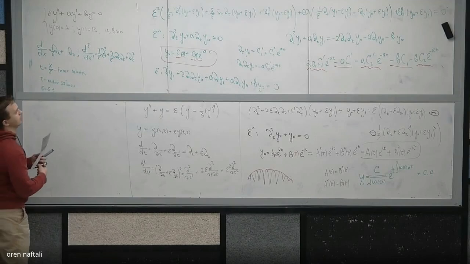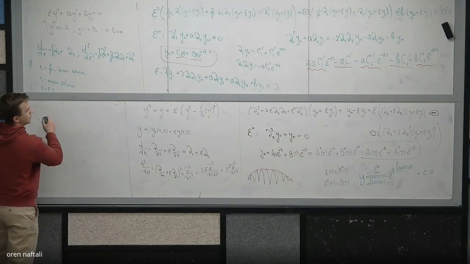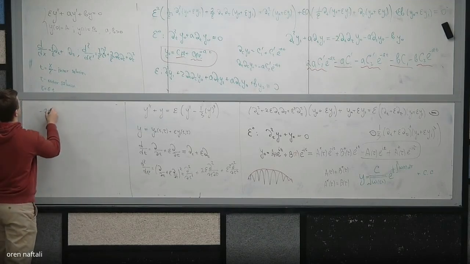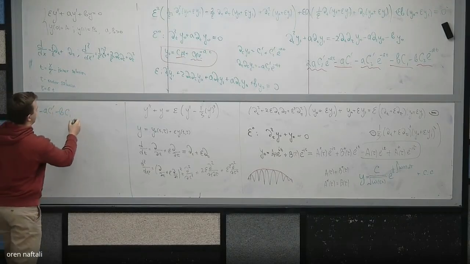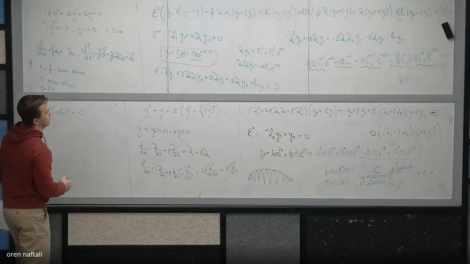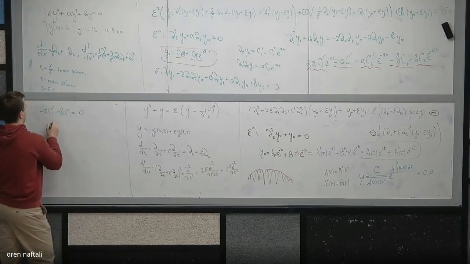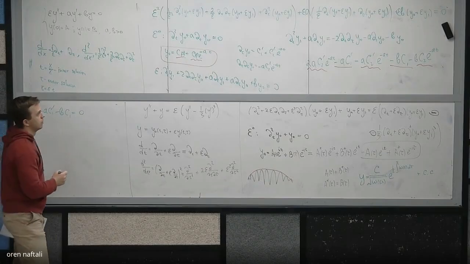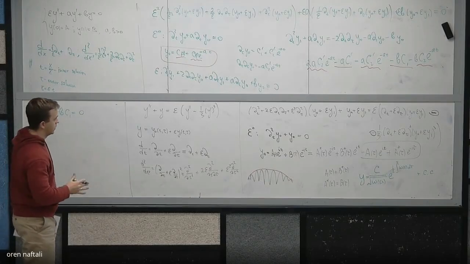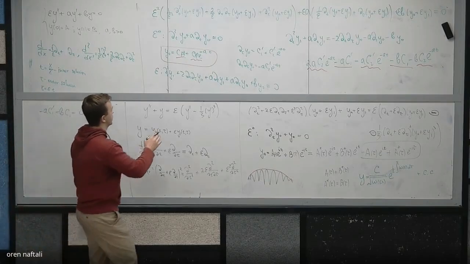Okay. So the first one is minus AC1 prime minus B1 equals 0. We can solve it, right? So C1 prime with respect to tau. Yeah, C1 and C2 are functions of tau.